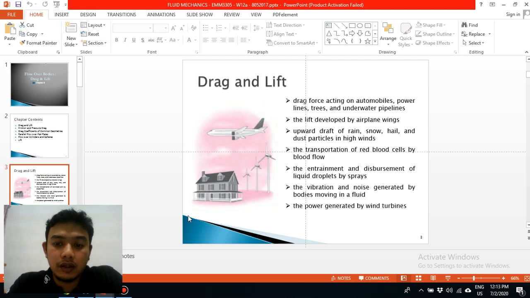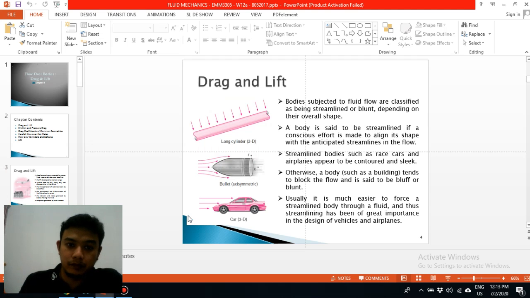Then there is the entrainment and dispersement of liquid droplets by spray, the vibration and noise generated by bodies in a fluid, and power generated by wind turbines. These are some examples related to drag and lift.